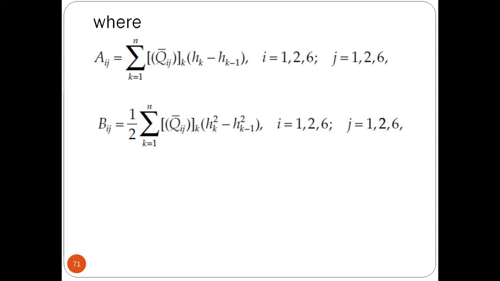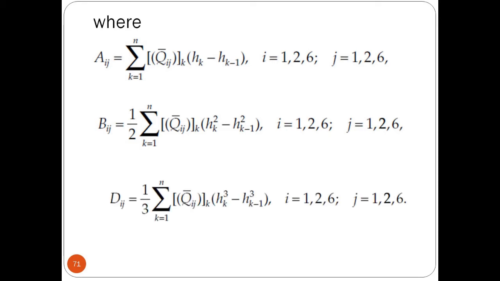Similarly, Bij is correlated with the Qij matrix, followed by the thicknesses of the bottom and top surfaces of the lamina. Similarly, the D matrix will be correlated with Qij and the different thicknesses of a lamina.